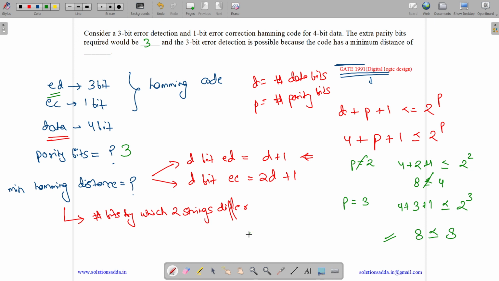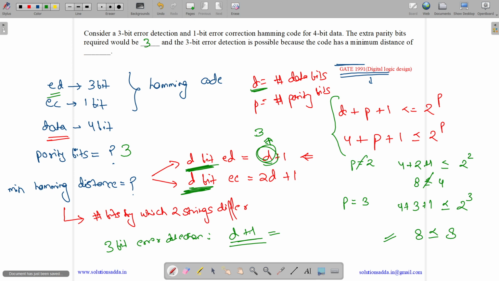Here we have 3-bit error detection, so d is 3. Note that in the earlier formula D is the number of data bits, while here d is the number of bits for which error detection or correction is done. So for 3-bit we have 3 plus 1 equals 4. The minimum Hamming distance is 4.